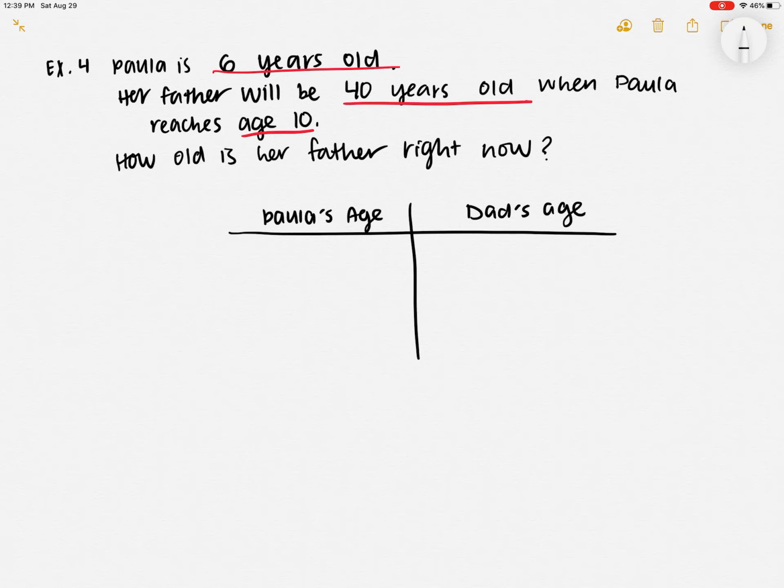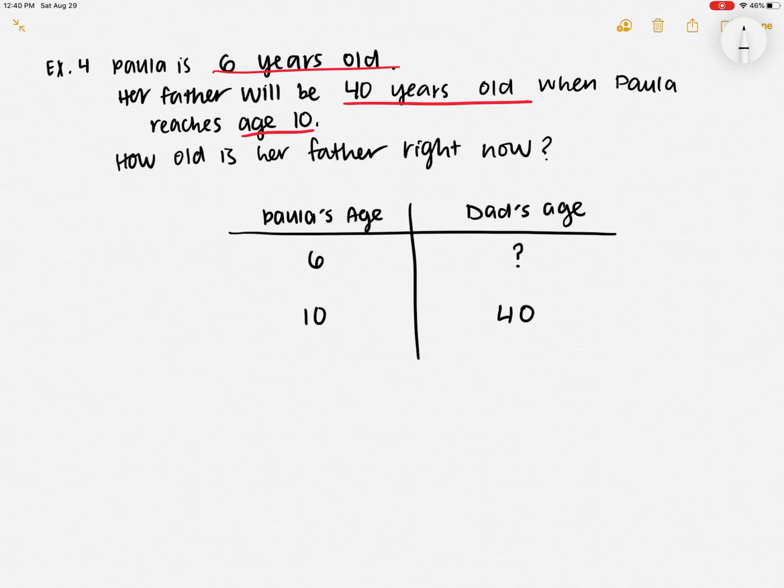So when Paula is 6 years old, we don't know how old her dad is. That's what we're trying to find out. But when Paula is 10 years old, we know that he is 40 years old.